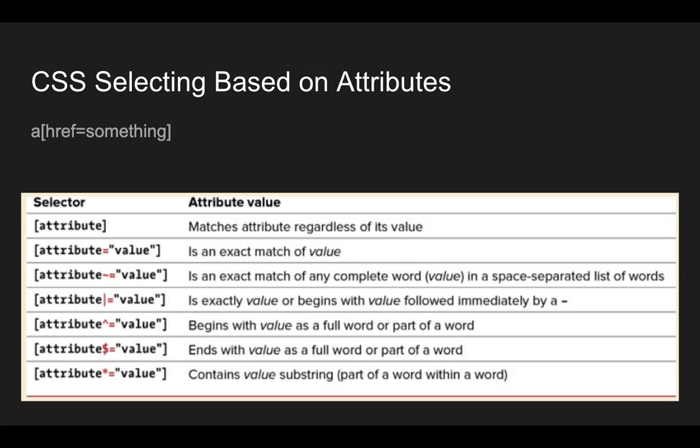It has to equal it 100% for it to be right, meaning it can't have uppercase, lower. It's all got to be the same case and everything. Then you also have the tilde equals. You have the pipe equals, and this is a screenshot basically right out of your book.